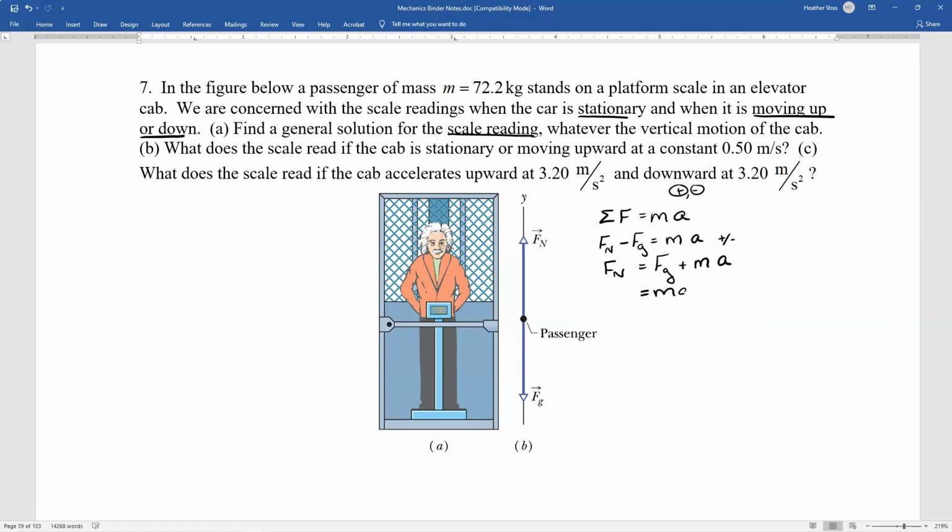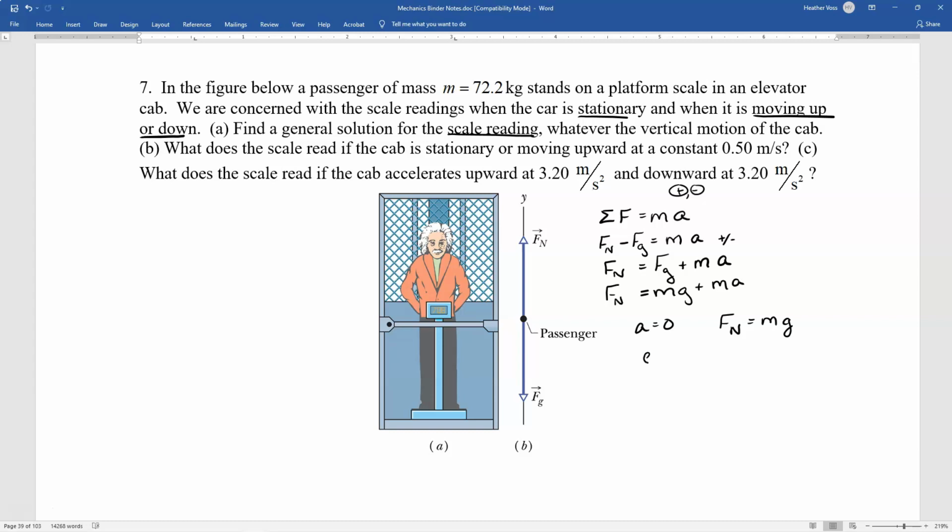So this is going to be mg plus mass times acceleration. So what about if the elevator has an acceleration of 0? So if the acceleration is 0, then my force normal is just going to equal mg.